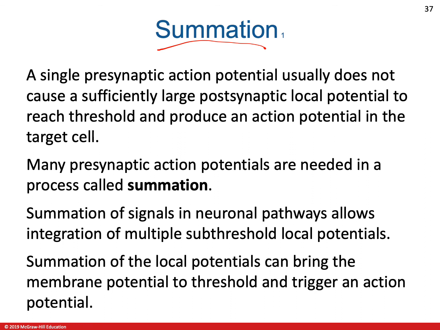A single presynaptic action potential usually does not cause a sufficiently large postsynaptic local potential, which can reach the threshold and produce an action potential in the target cells. So instead, many presynaptic action potentials are needed, and that process is called summation.